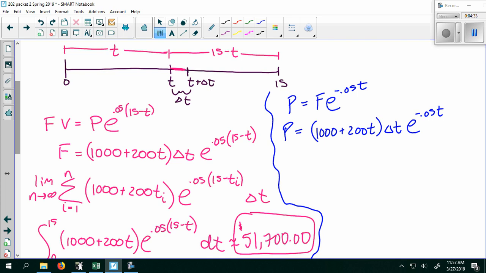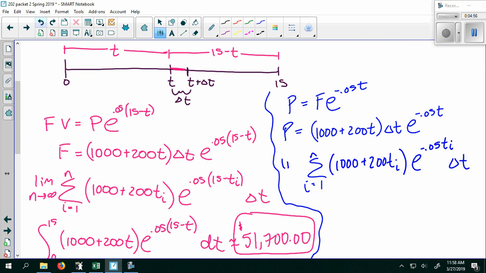Then I'm going to add those all up. N slices, i goes from 1 to n. Each slice has a present value, and then I take the limit as the number of slices goes to infinity, and that is an integral.